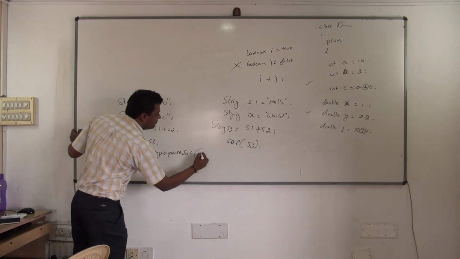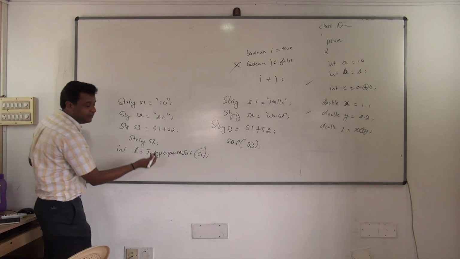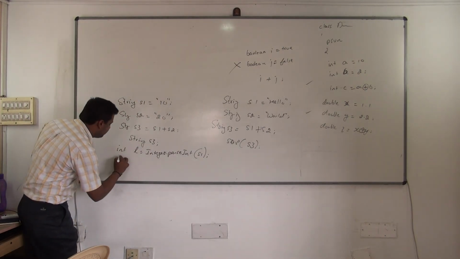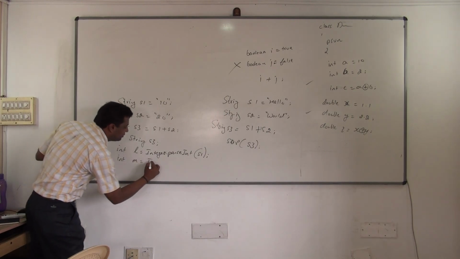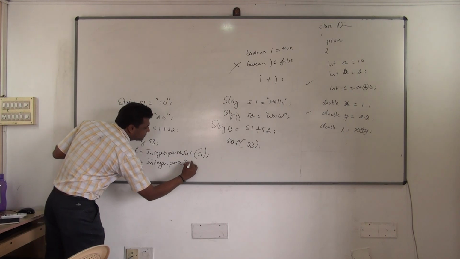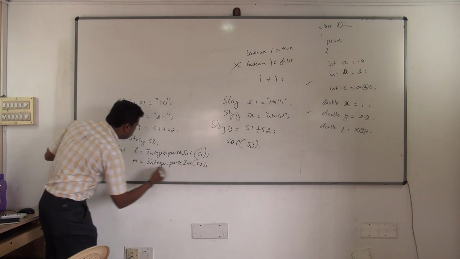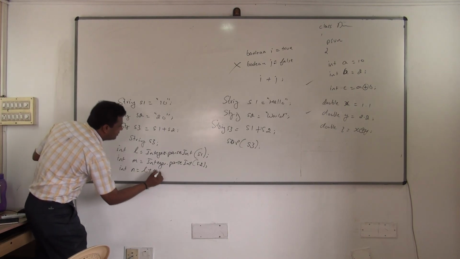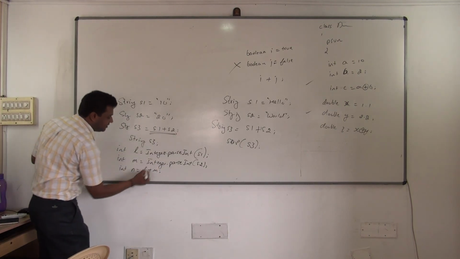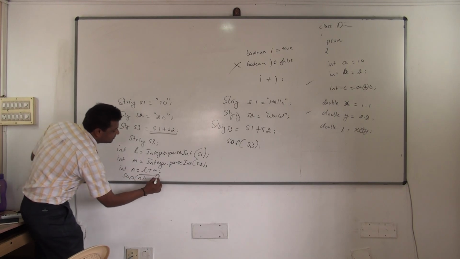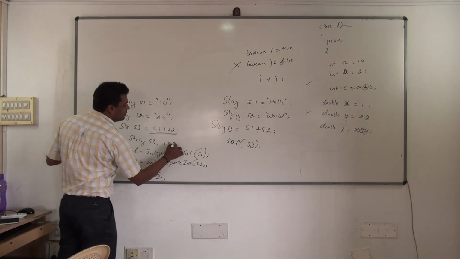I send an argument of type string, and the return type is int. Same way, int m is equal to Integer.parseInt of s2. Then int n is equal to l plus m. So here it was concatenating, but here it will do addition, and SOP n will print the result as 30. Here it prints 1020.